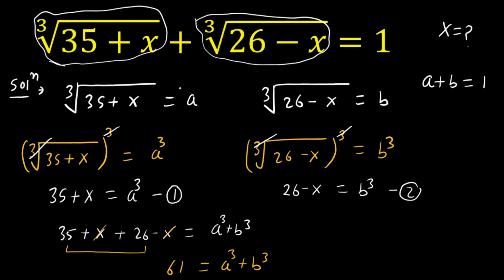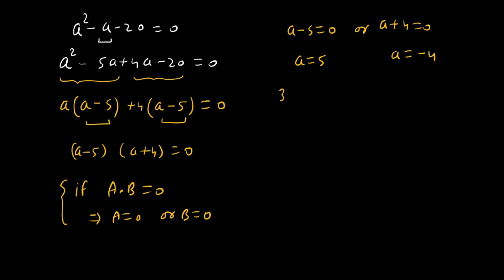Here a is cube root of 35 plus x, so cube root of 35 plus x equals 5, and cube root of 35 plus x equals negative 4.